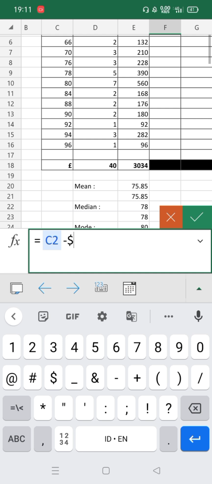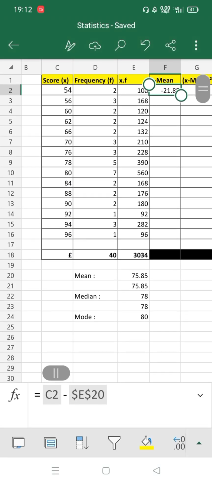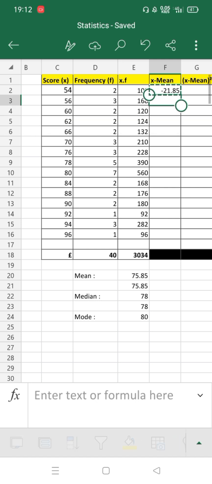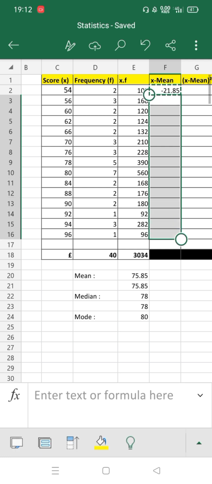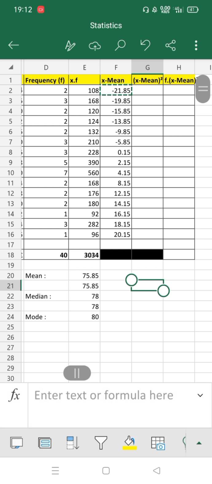So you use this and E20, and enter. Yeah, you got minus 21.85, and you just copy this and do the rest. Let the computer do the rest, and bam, you got this.